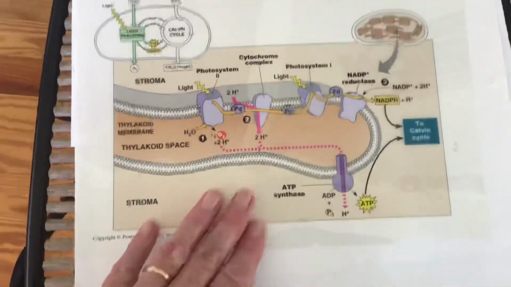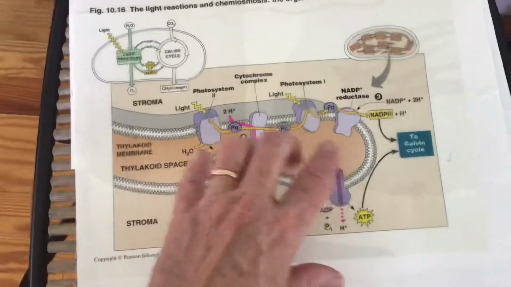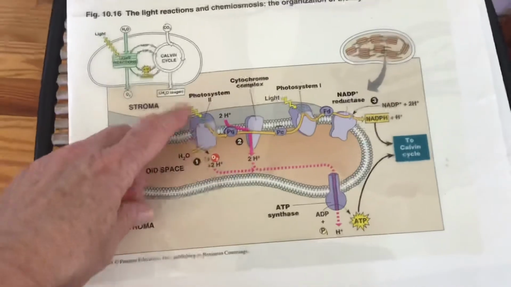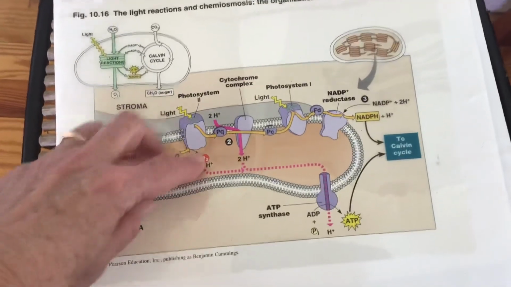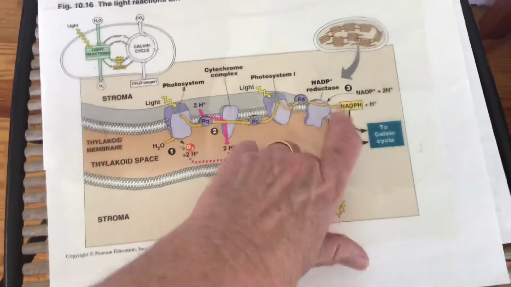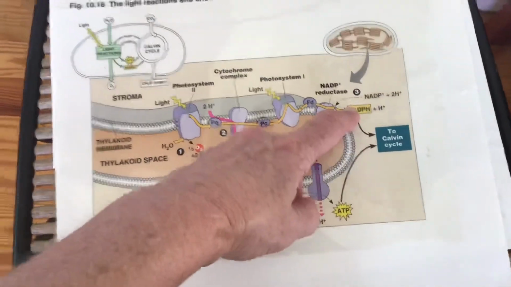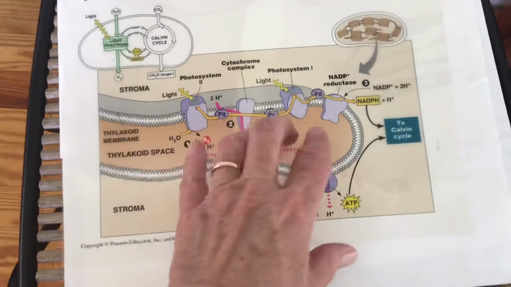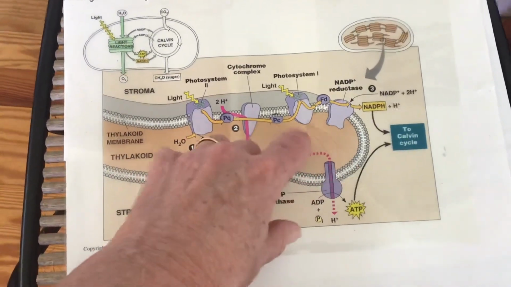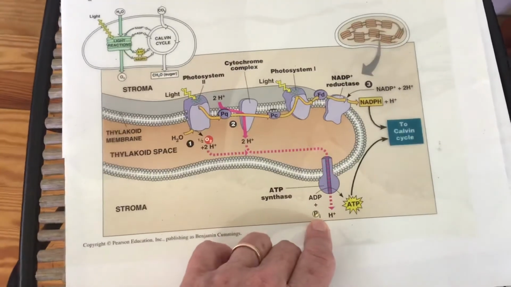Okay, so this is the stroma, and this is the thylakoid space, and they're showing you the light and oxygen being produced, but then you have the flow of the electron eventually going to NADPH, and the flow of the hydrogens that have collected in the thylakoid space, making the ATP.